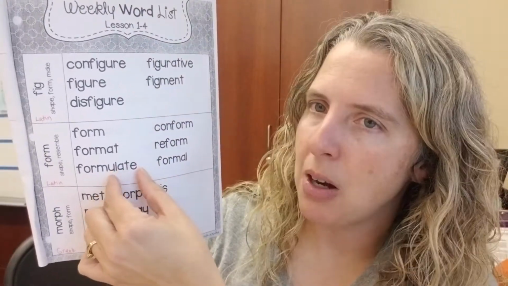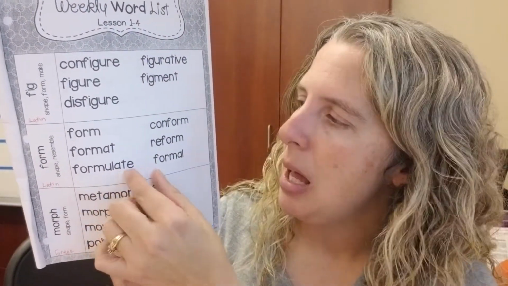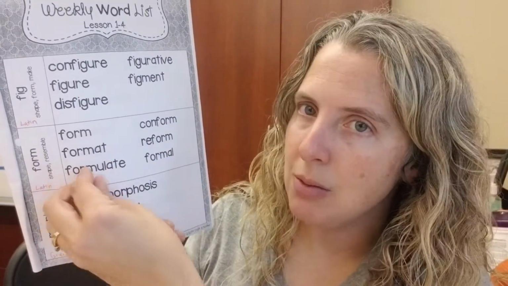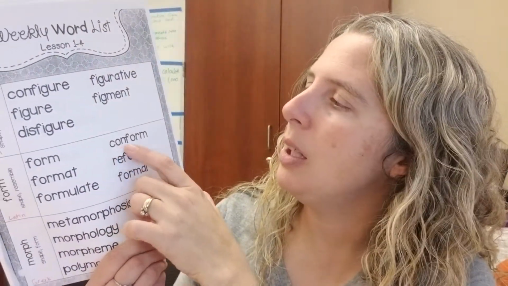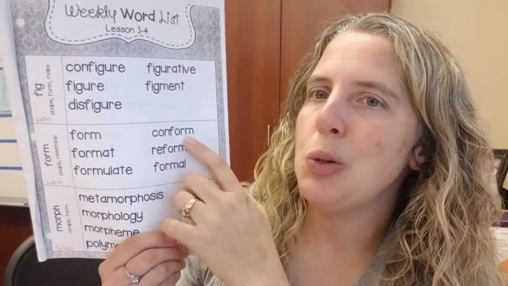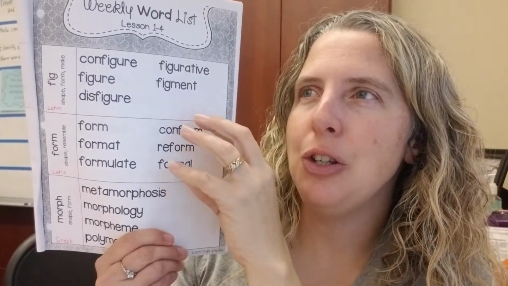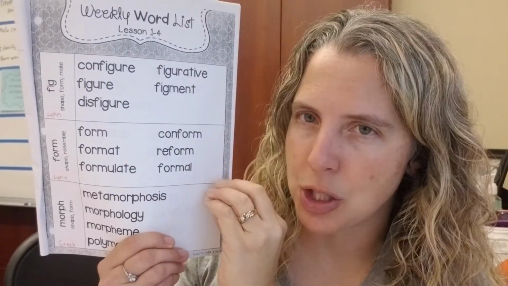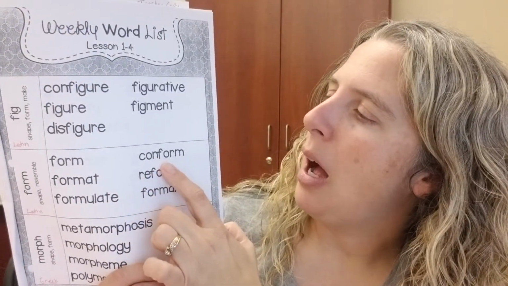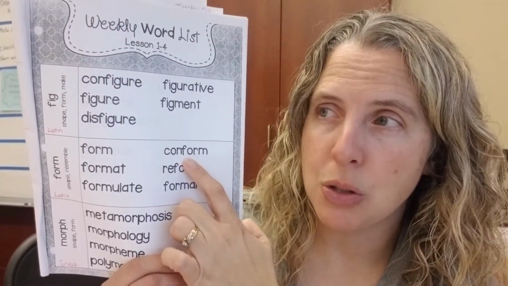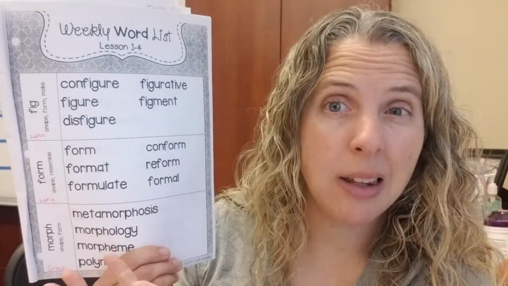Formulate, this part here, late, means to do it. So you're going to form something. Conform means to take on another shape, okay, or another way of doing something. So if you conform to your class rules, it means you take them on.